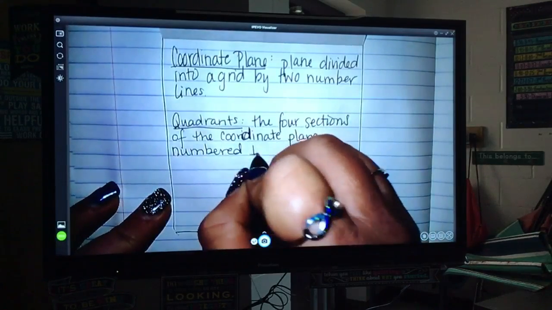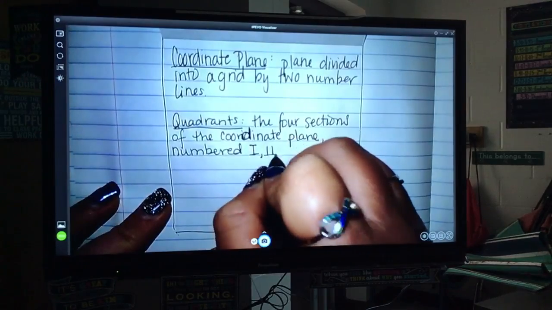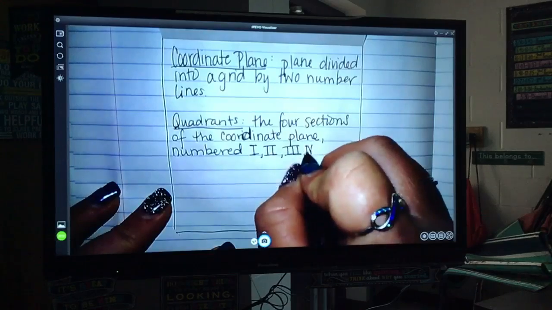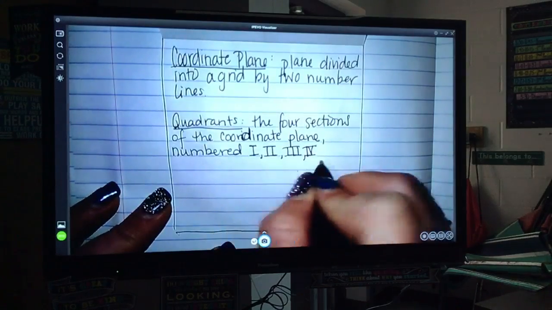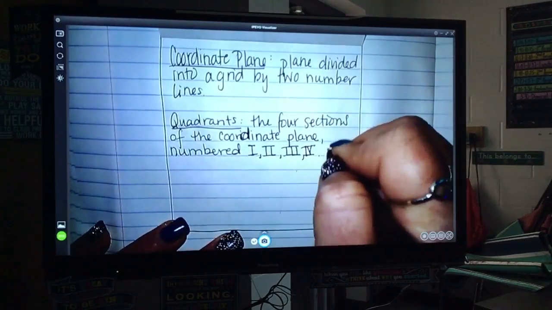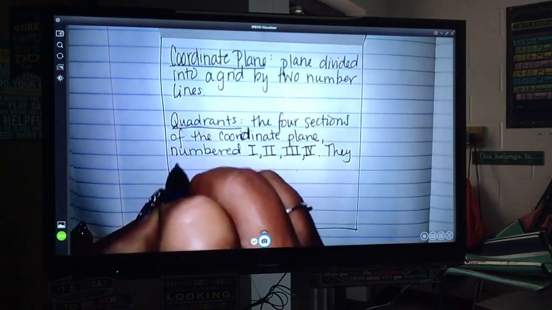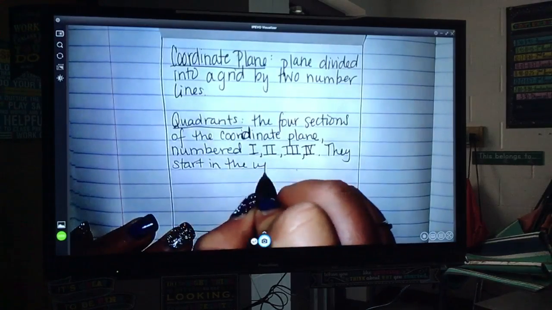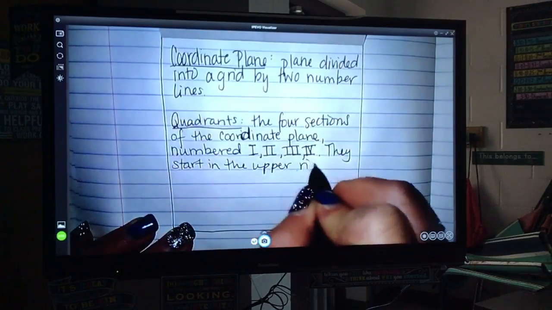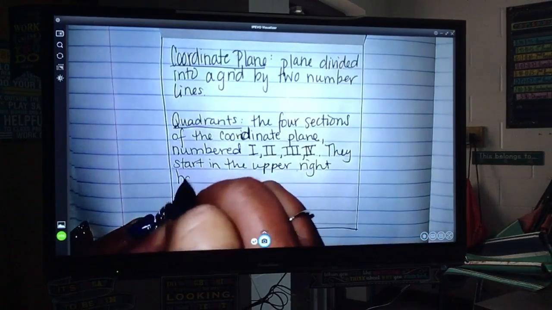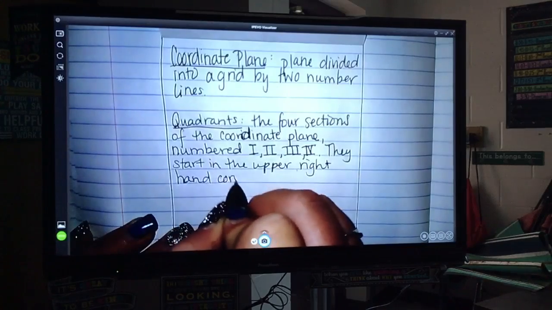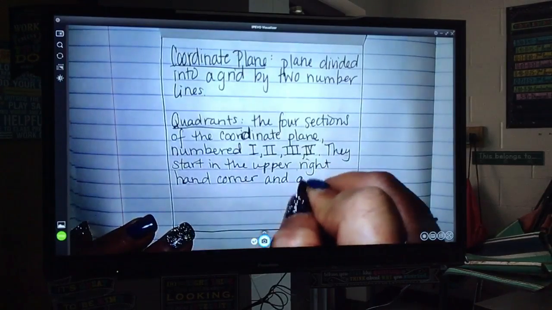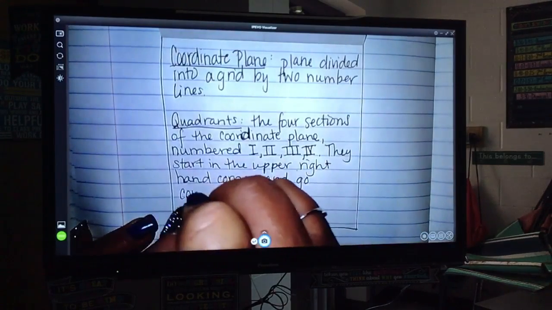They're numbered with Roman numerals, so please make sure you write them with Roman numerals. So you have 1, 2, 3, 4. They start in the upper right-hand corner and go counterclockwise.